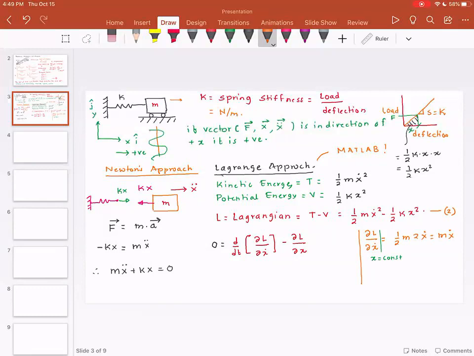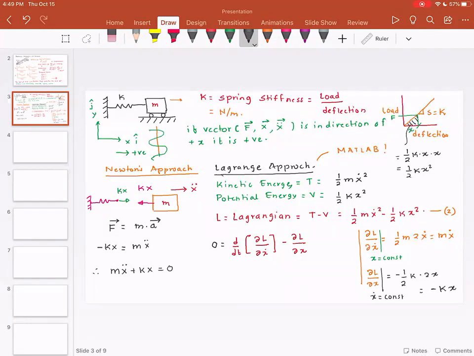The next thing is partial L by partial x, and this is again a partial derivative, which means x dot is equal to constant. When I do the partial x, x dot is constant. So this becomes minus 1 half k times 2x, which is minus k x.